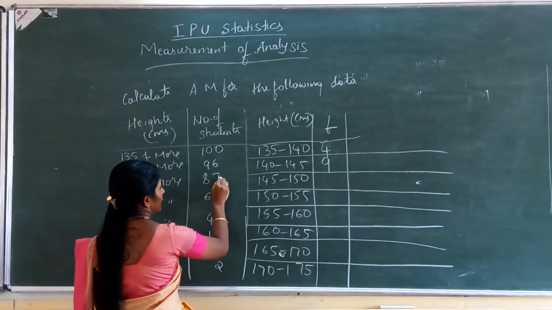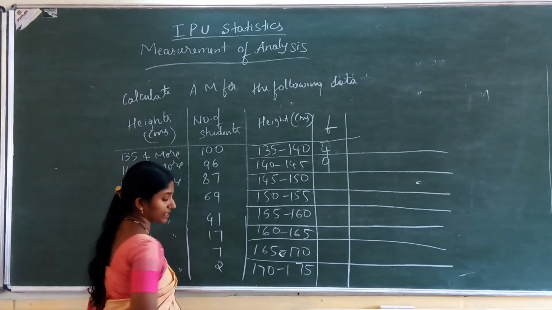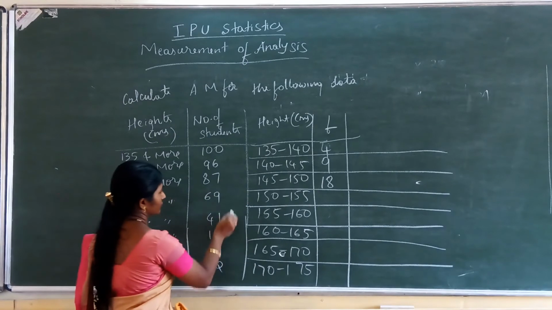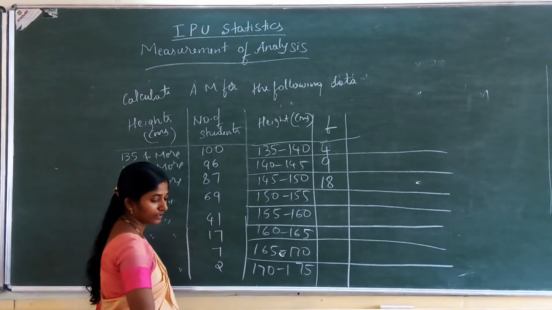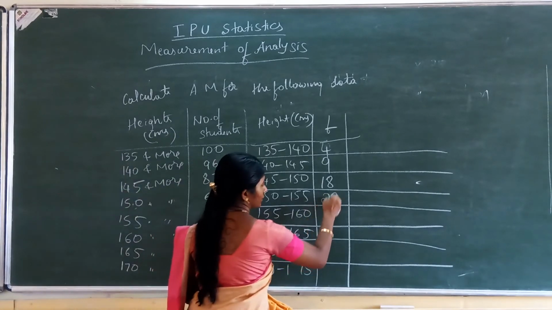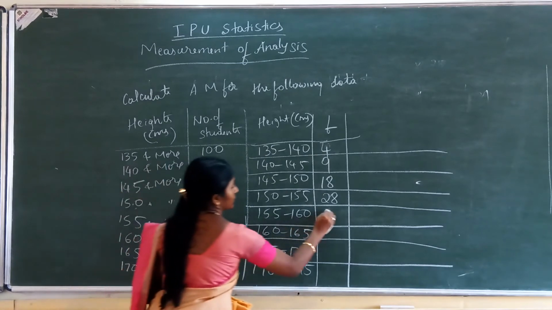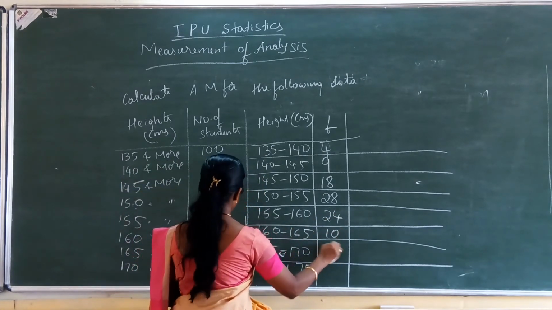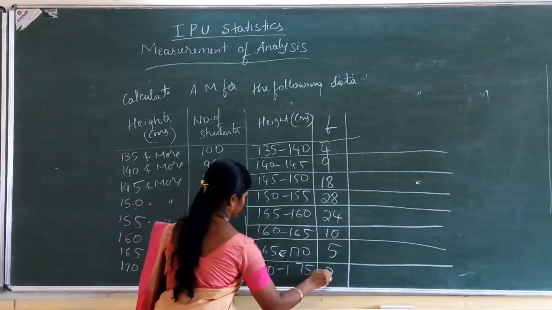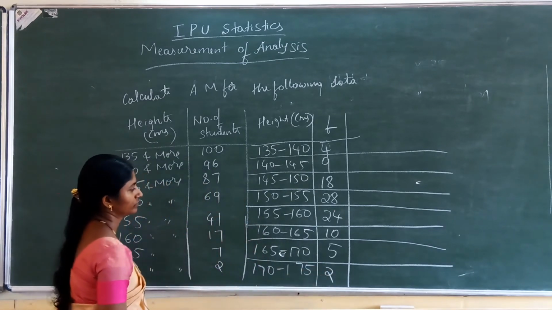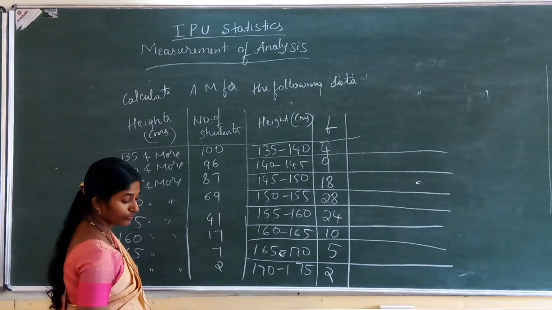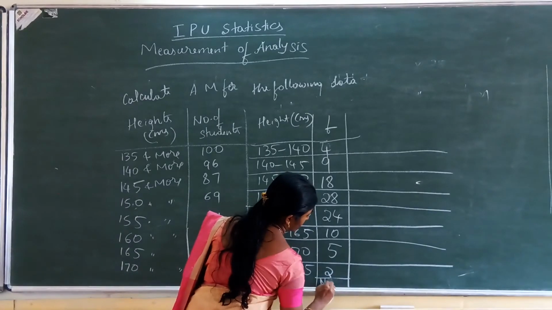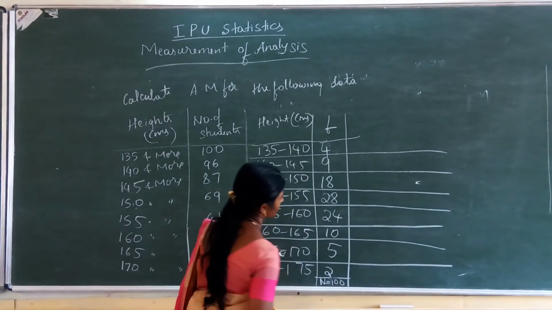Then 69 minus 87, you will get 18. Here 41 minus 69, that is 28. Like that only you have to subtract: 24, 10, 5, and last one 2. Find out the frequency. The total frequency you should get, n is equal to 100.